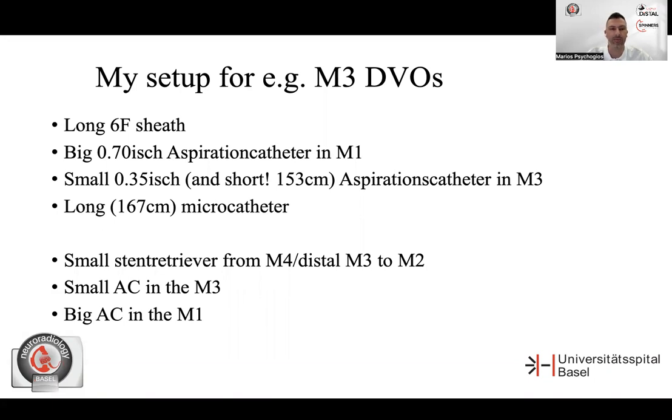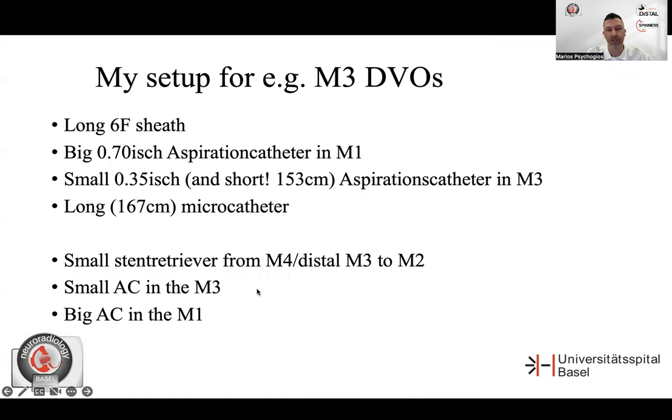And then I take the long microcatheter to be able to put my stent retriever in there, my 3 millimeter, 2.5 millimeter stent retriever. If you want to use the quadriaxial approach, you should take the small 153 3MAX, because if you're taking the 160, then you don't have enough length for your microcatheter to work there.